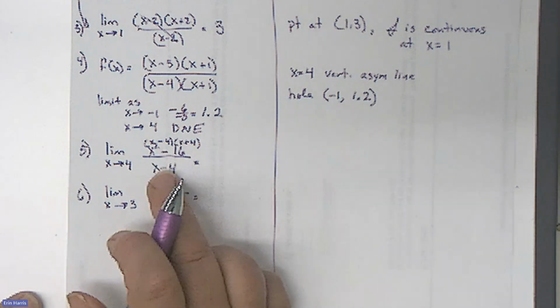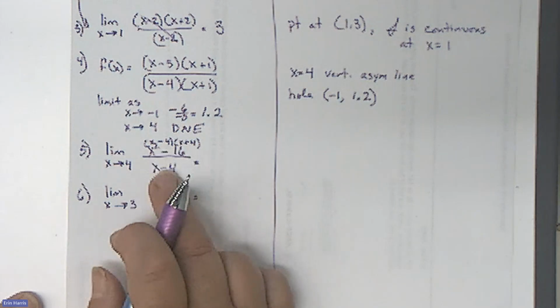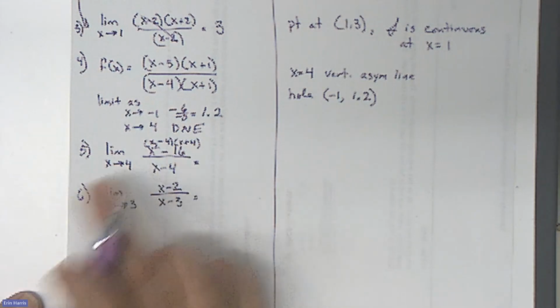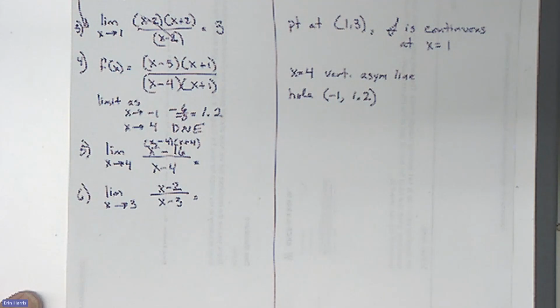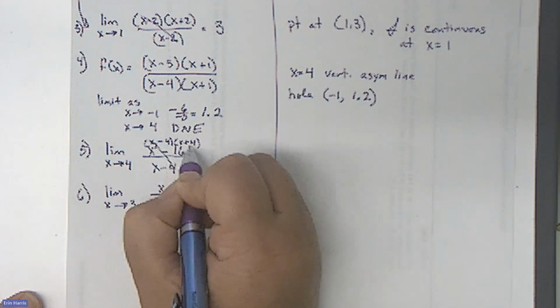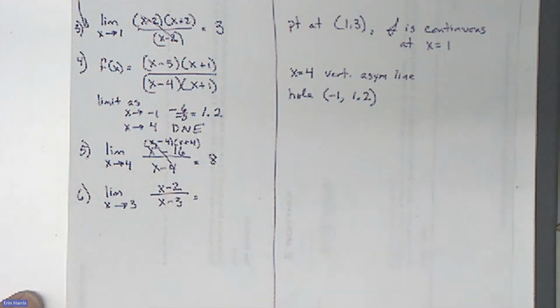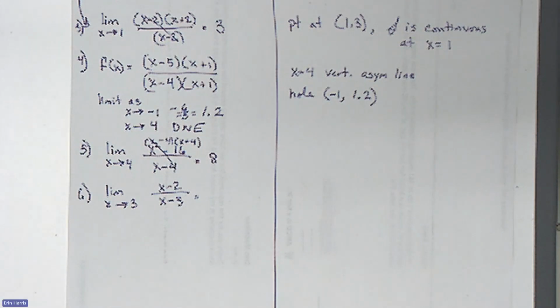Okay, so I'm not allowed to cancel. I'm not allowed to divide x minus 4 by x minus 4 if x is 4. But I can say these divide to 1, therefore the limit is 8. I just plug into what's left. Is there any way you're going to do anything algebraically in number 6 with that?